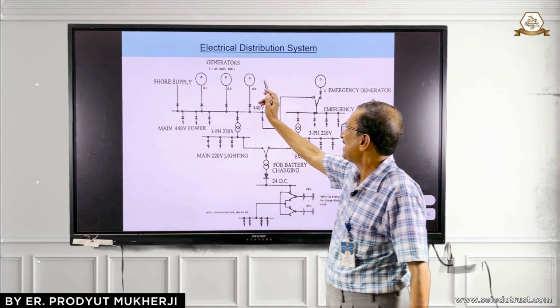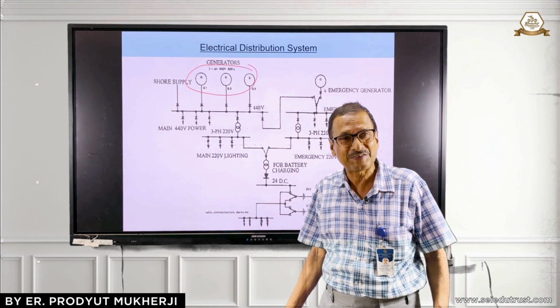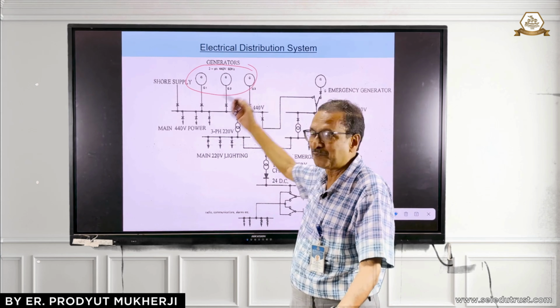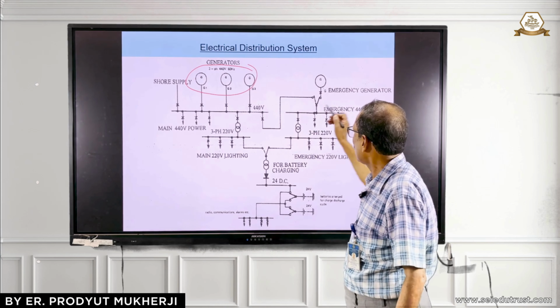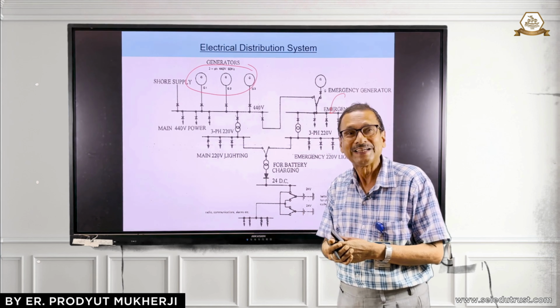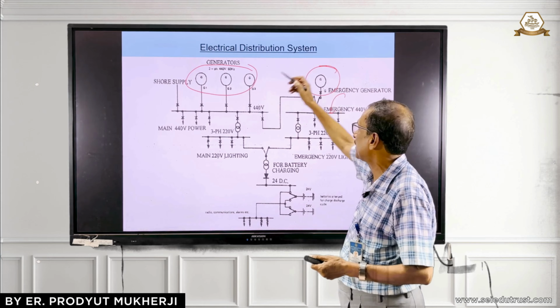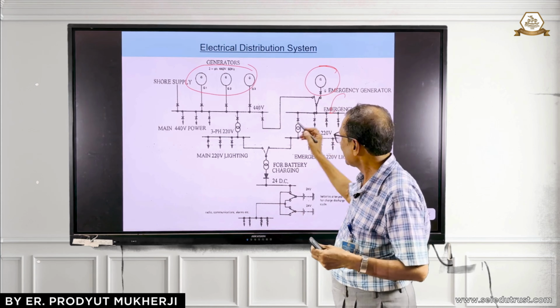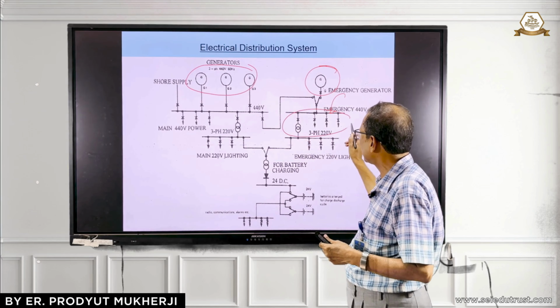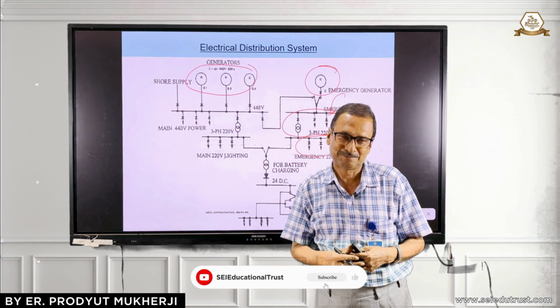Now, whenever any of these generators fail, or suppose all the three generators fail, obviously there will be a blackout. So even the emergency switchboard goes into a blackout. In that case, automatically the emergency generator will start and start supplying the emergency equipment and the emergency lighting.